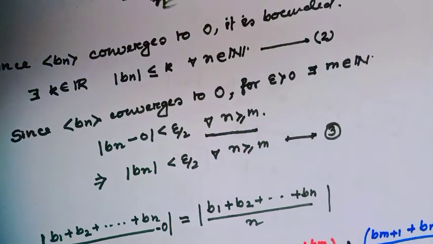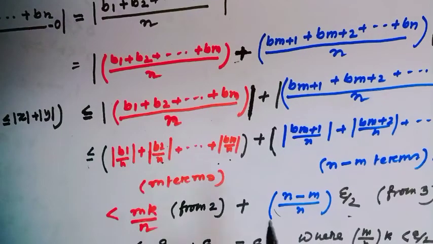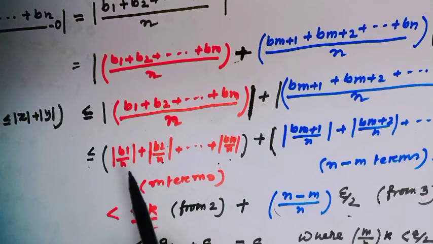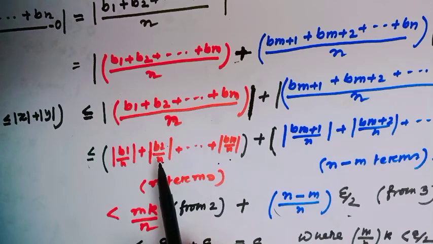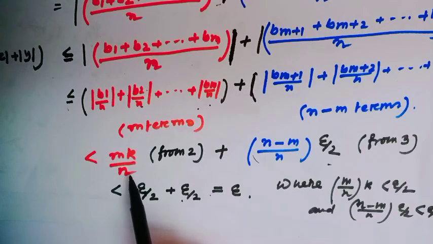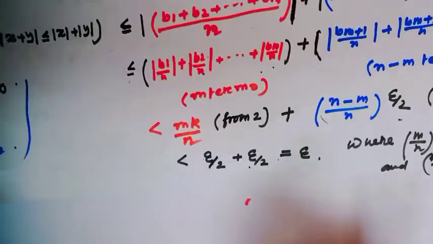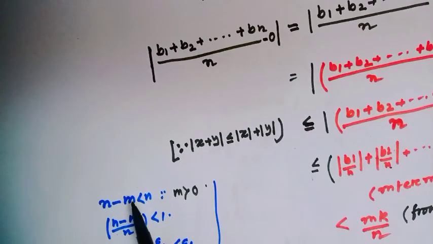Since each bi is bounded, and since here there are only m terms, we can consider this is less than mk, and since here n, here n, here n, we can write over n. Are you getting my point? Okay, let's consider mk over n less than epsilon over 2. That means this is less than epsilon over 2, and notice n minus m is strictly less than n when m is greater than 0.